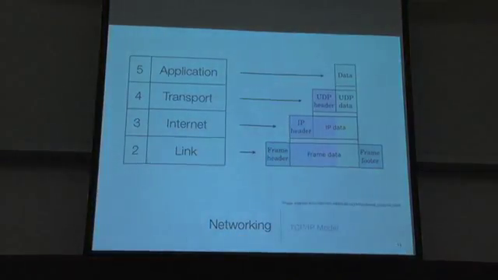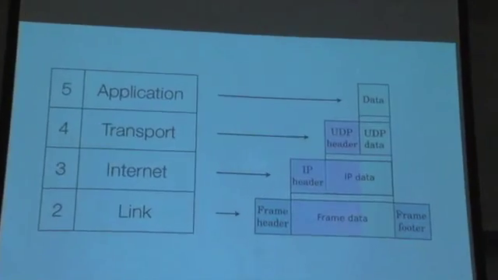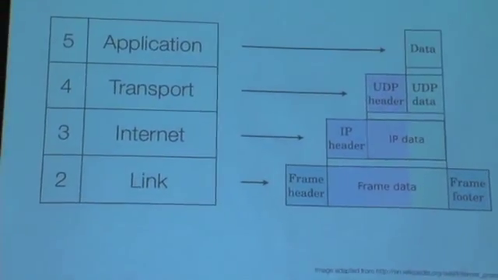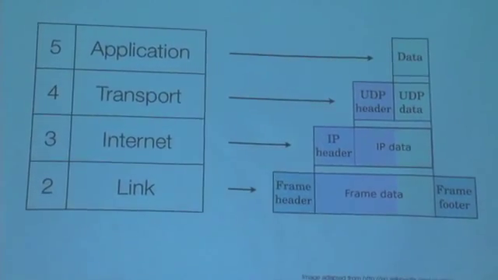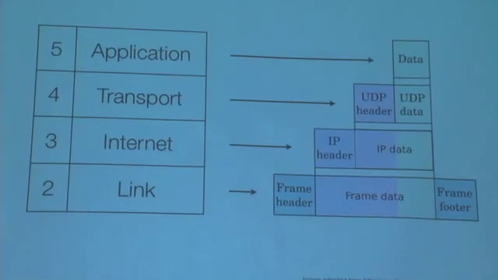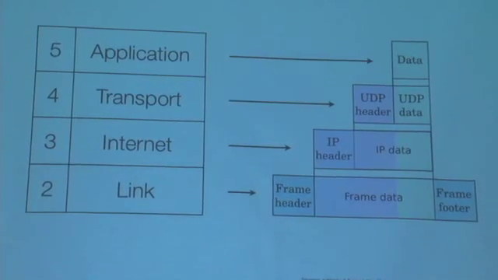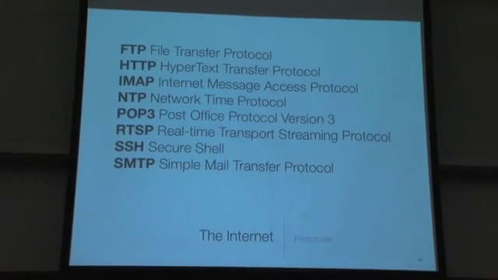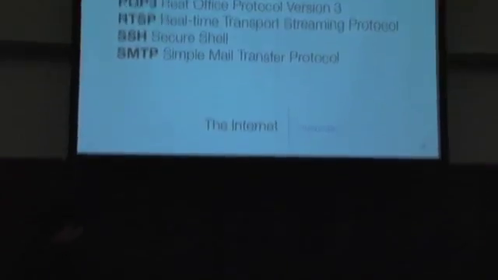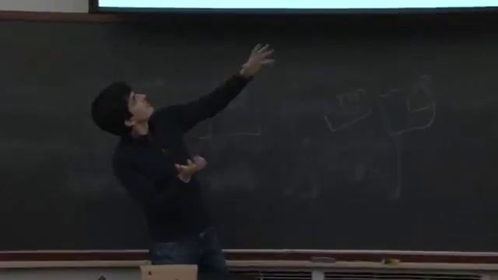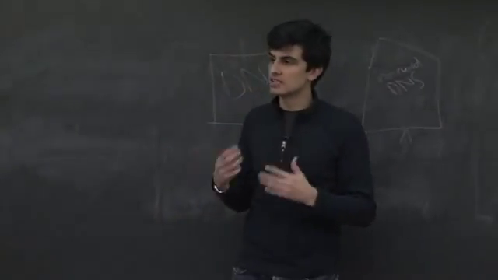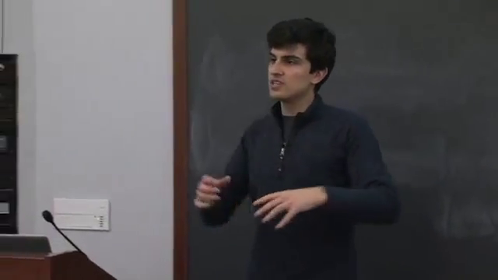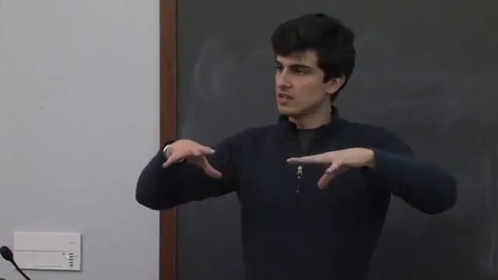And at the very top of this hierarchy, and this is a simplified version of this TCP/IP model that exists, there's actually 7 or so layers depending on the model that you're looking at. But the very top layer is the application. The application layer holds these protocols that we had just talked about before. So FTP, HTTP, IMAP, POP, SSH, SMTP, DNS, DHCP, all of this rests on top of these lower level things.